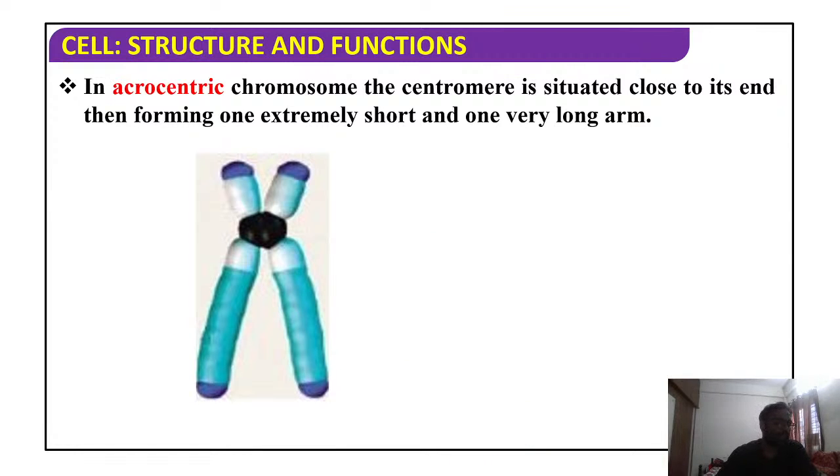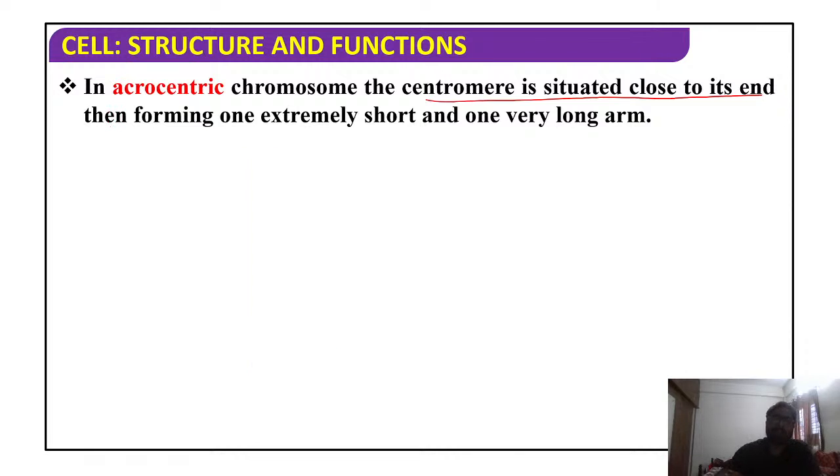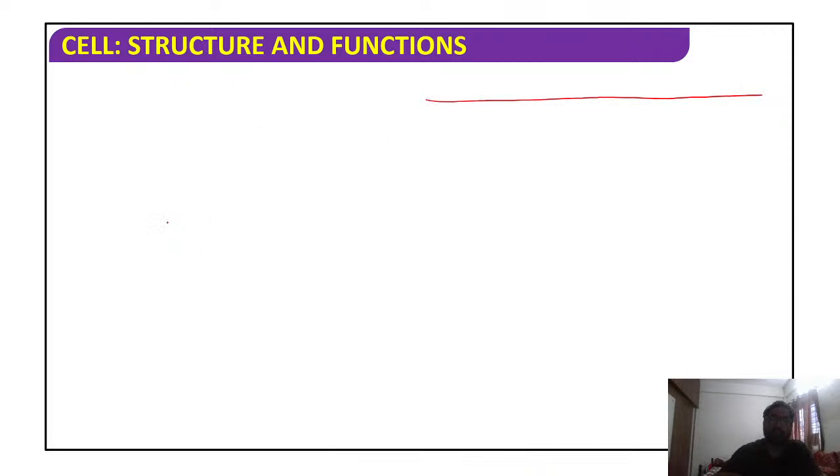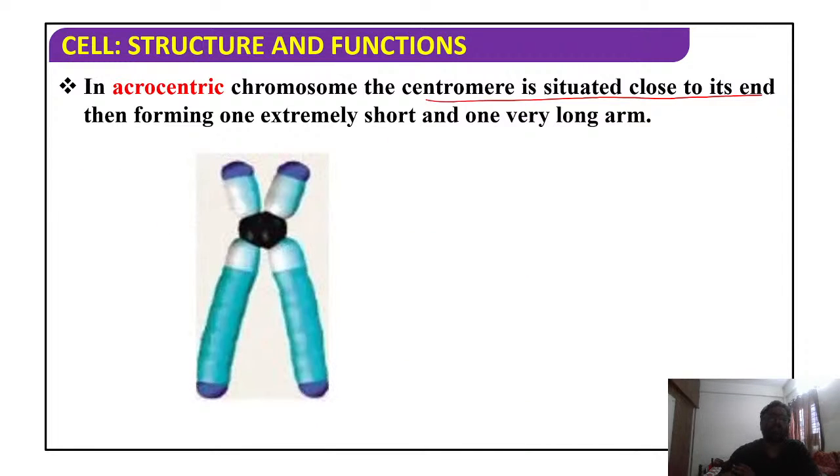Now, students, the third one, acrocentric. In an acrocentric chromosome, the centromere is situated close to its end. In metacentric the arms are equal; in submetacentric, the centromere is nearer to one end. But here, students, it is very close to its end.